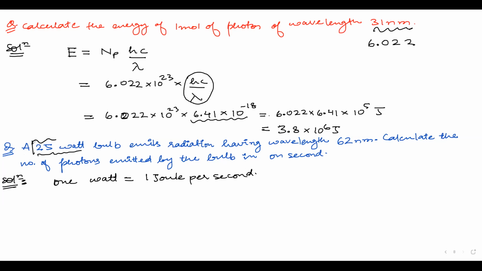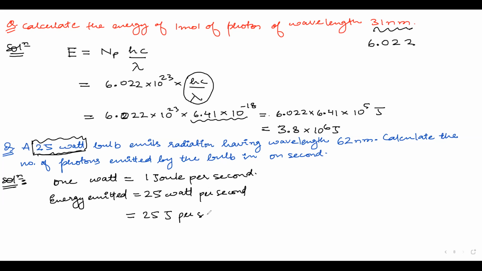But the bulb is emitting how much light? The bulb is emitting 25 watt. So energy emitted is equal to 25 watt, that is, 25 joules per second. They have asked how many photons are emitted by the bulb in 1 second.